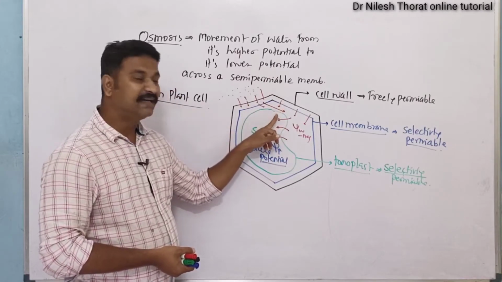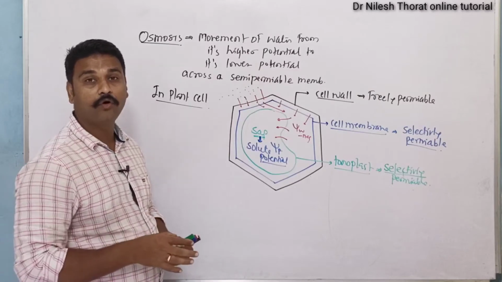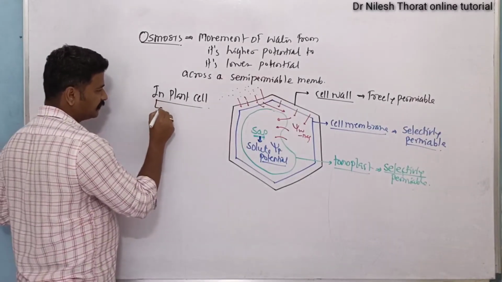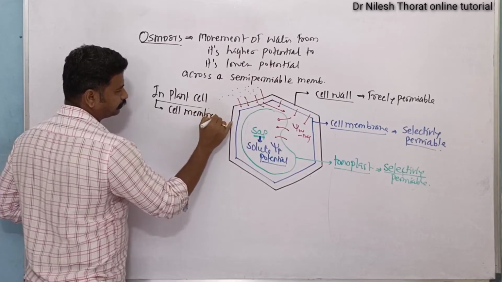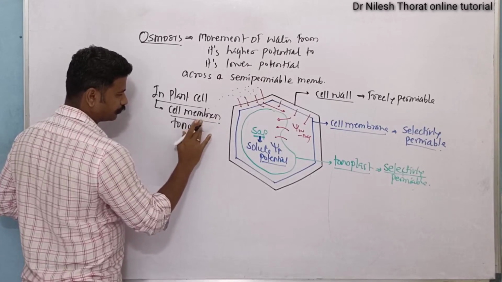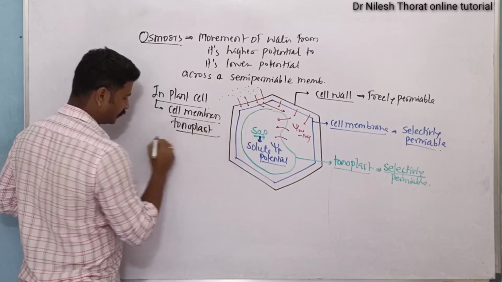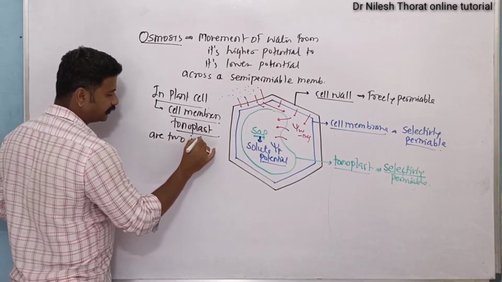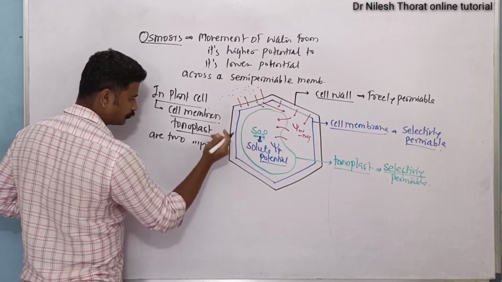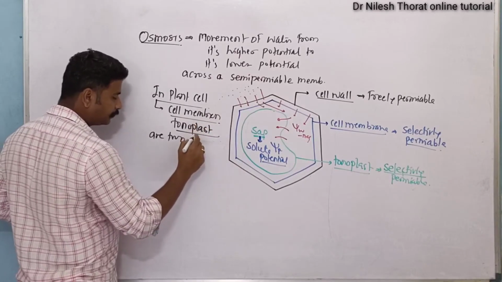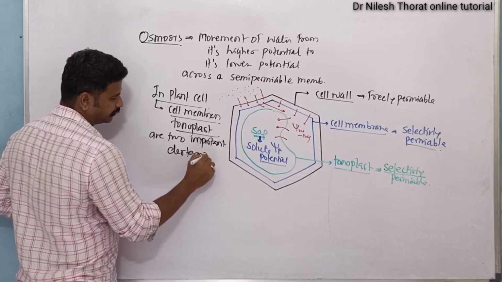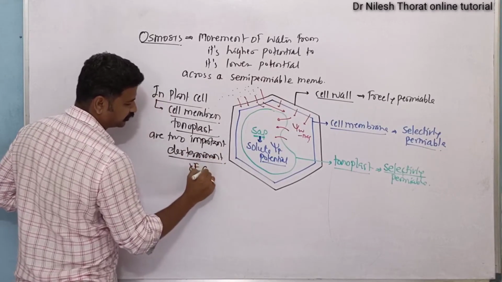So cell membrane and tonoplast are the two important determinants of osmosis in case of plant cell.